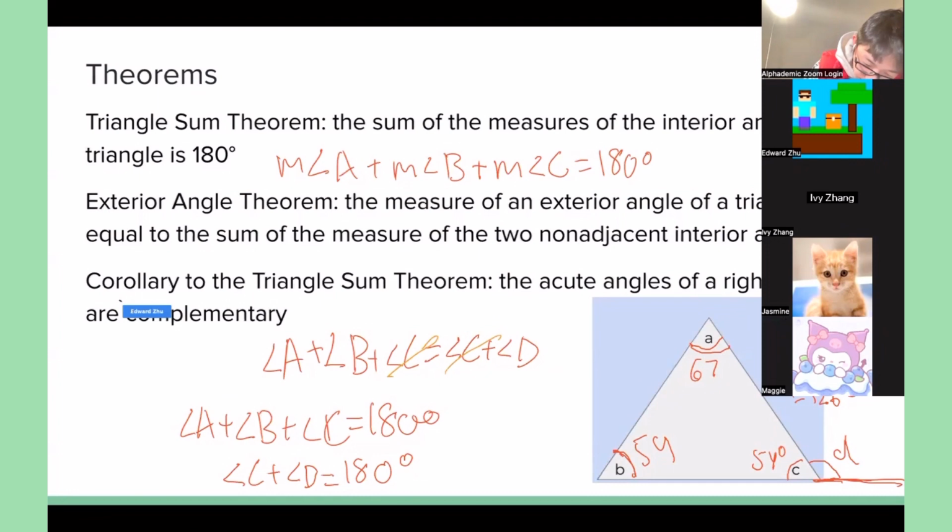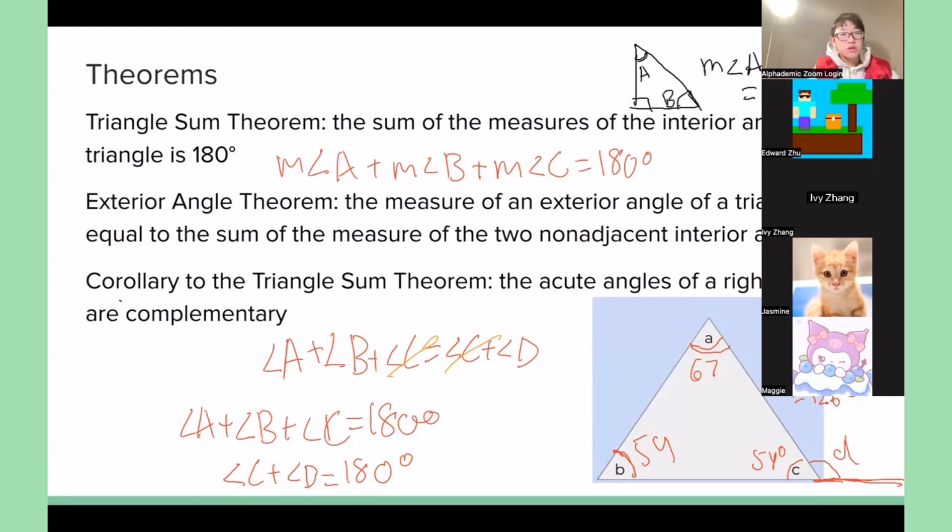We have this right triangle right here. These two angles, the acute angles A and B, would be complementary, meaning that the measure of angle A plus the measure of angle B equals 90 degrees.